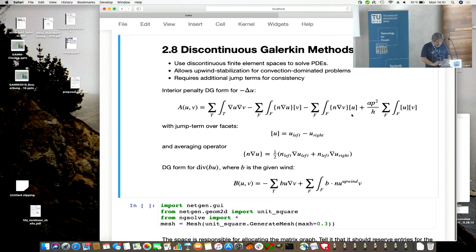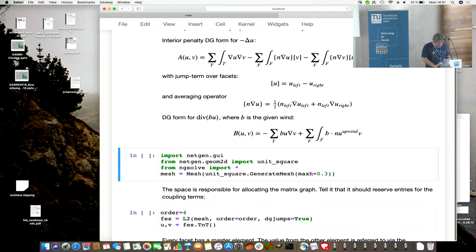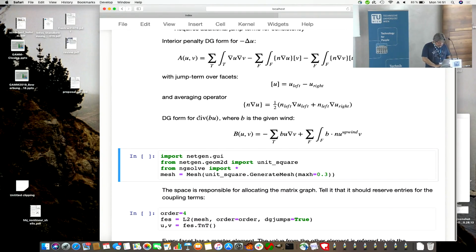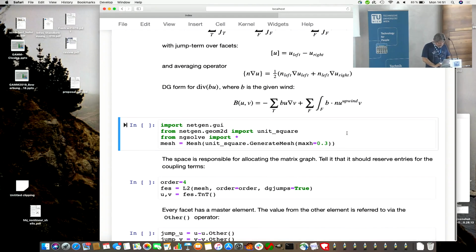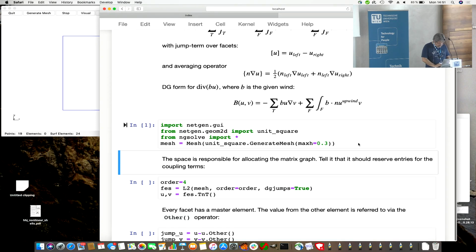Okay, these are all the terms, as you have seen before. With DG you have boundary integrals and jump terms. If you have a convective term, you have element integrals of the first-order derivative plus a facet integral with the upwind u, either taken from the inflow or from the outflow boundary of the element, so always from the upwind side.